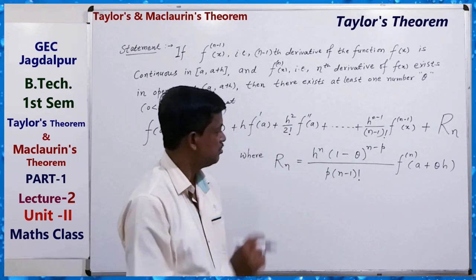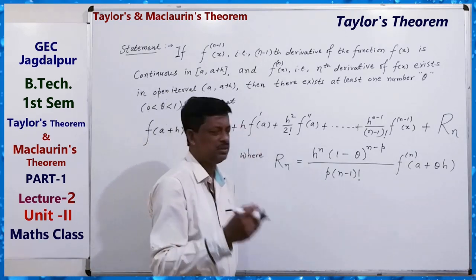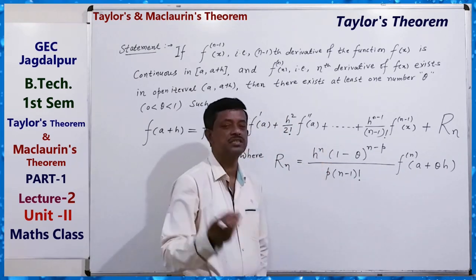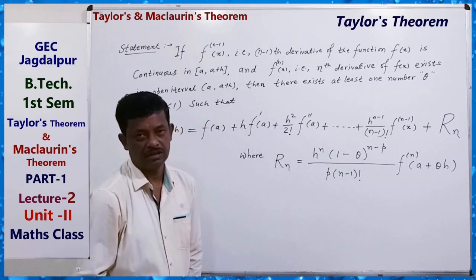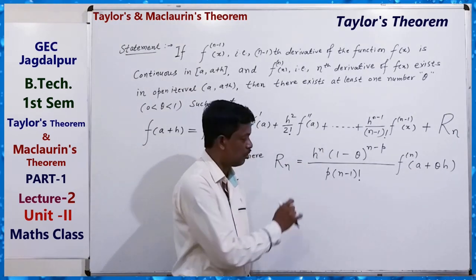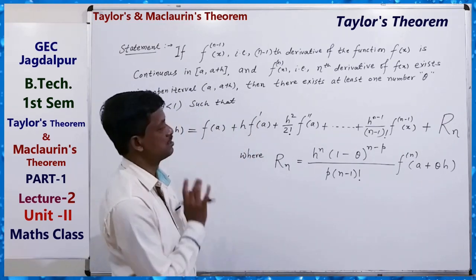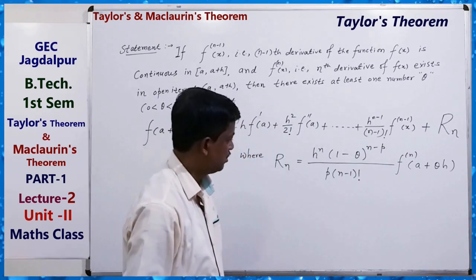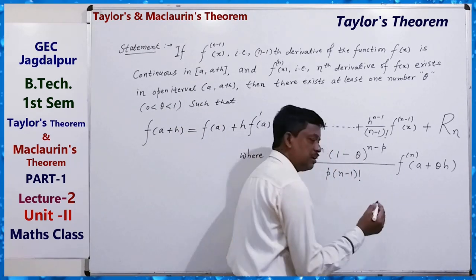For proving this theorem we use p. If we take p equals n, then we get Lagrange's form of remainder. If we take p equals 1, then Cauchy's form of remainder. For general p, it is called Schlomilch and Roche's remainder. We will use Lagrange's form, so we use p equals n.